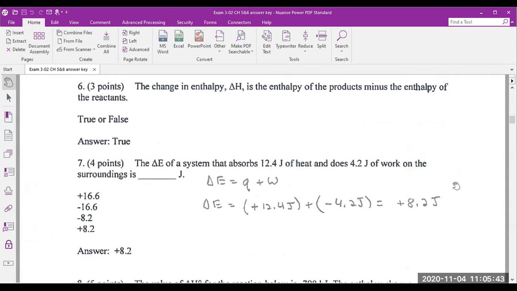Number 7, the delta E of the system that absorbs 12.4 joules of heat and does 4.2 joules of work on the surroundings is how many joules? For that, you needed to remember that delta E equals Q plus W, so delta E equals heat plus work.